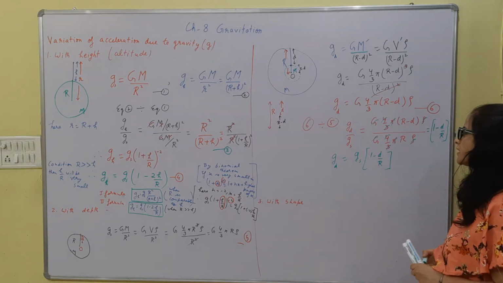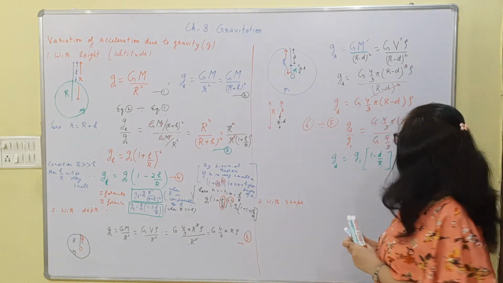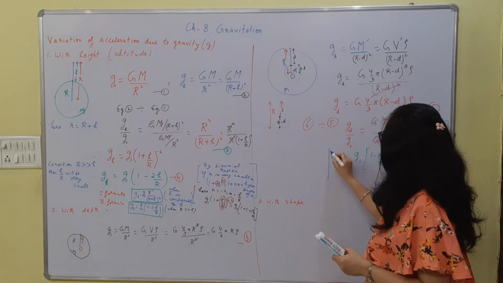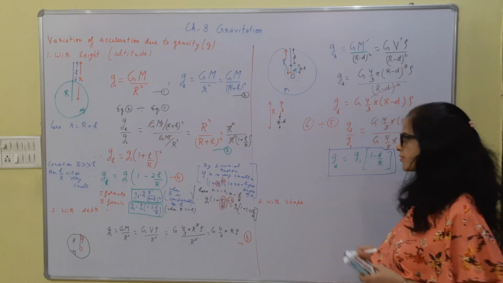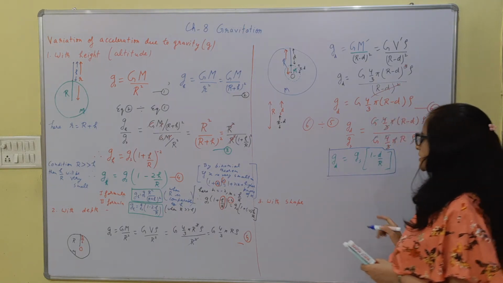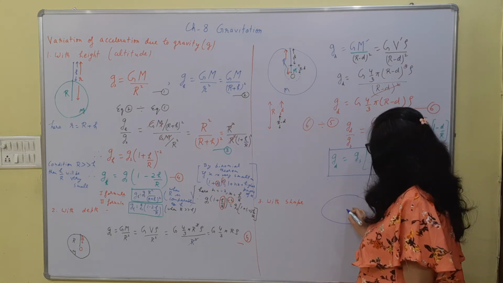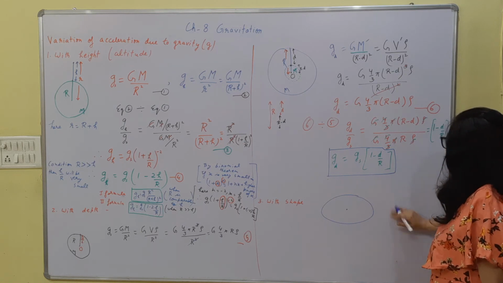So this gives me the formula for the variation of acceleration due to gravity with depth. So this is important. Now let's discuss with shape. If I am talking about the actual shape of the earth, it's oval.